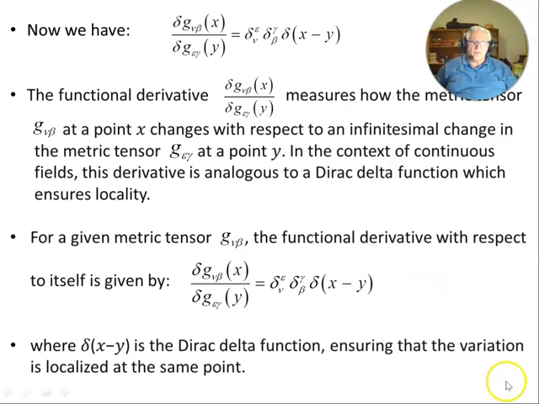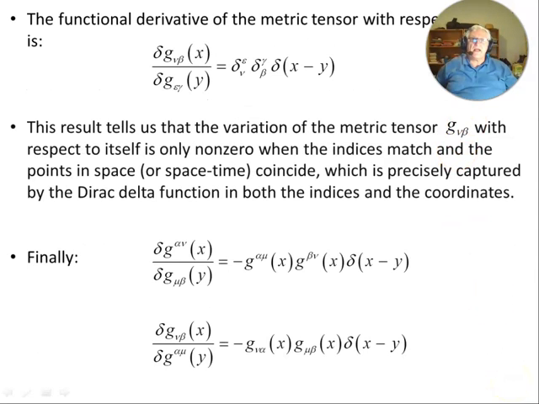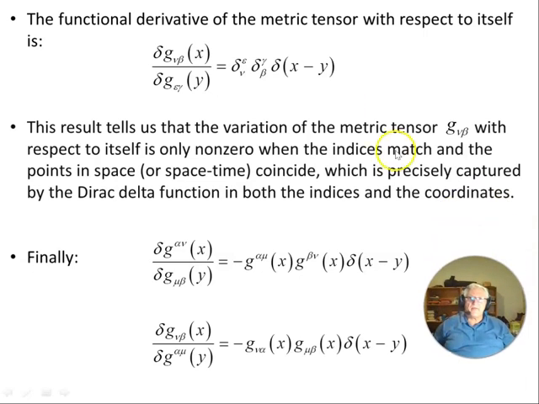All right, now, so let's see, I think almost there. Okay, and I'll bring this down here out of the way. All right, so the functional derivative of the metric tensor with respect to itself is, so the variation of the metric tensor with respect to small changes in the metric tensor is this object here, the Dirac delta function enforcing locality that it occurs at the same point.